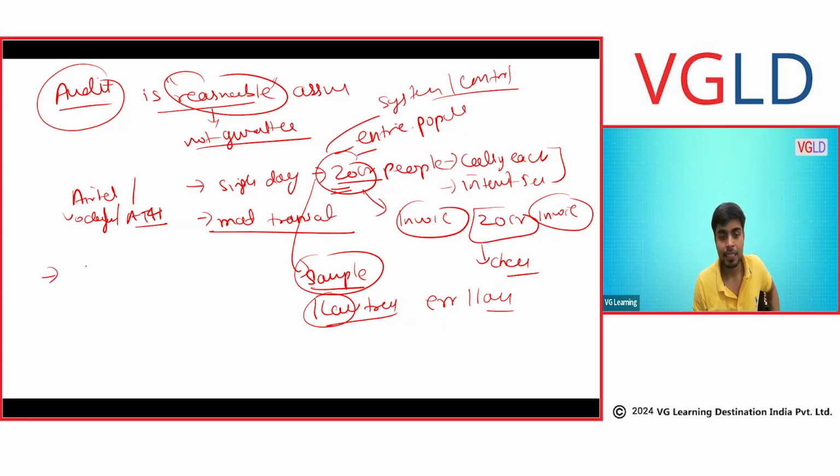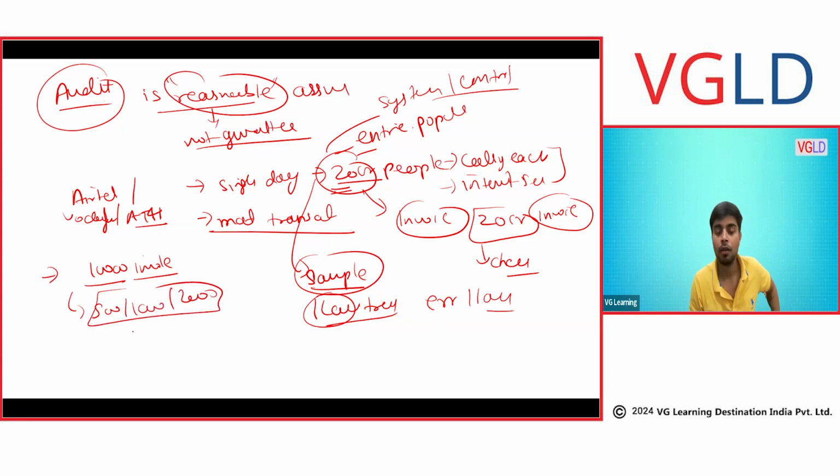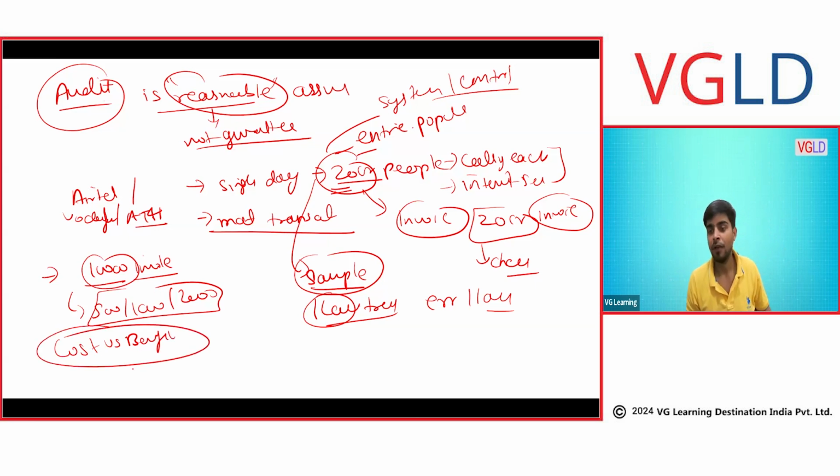Another example. Let's say there are 10,000 invoices in a company. The auditor may check 500, 1,000 or 2,000 samples. Why would the auditor not check all 10,000 invoices? Well, the reason is the auditor is not paid that much. Basically, he has to weigh the cost versus the benefit, whether it is viable to check all those 10,000 transactions.